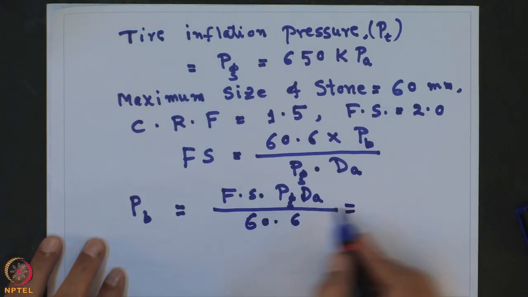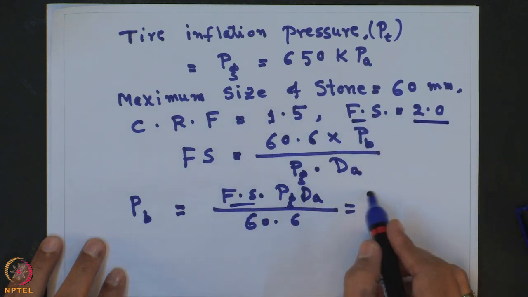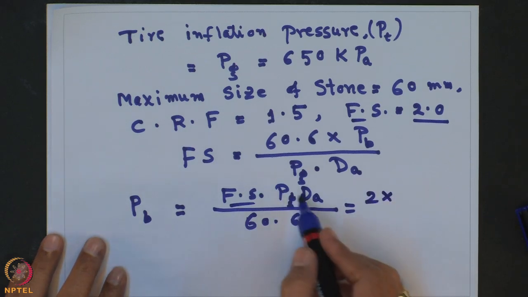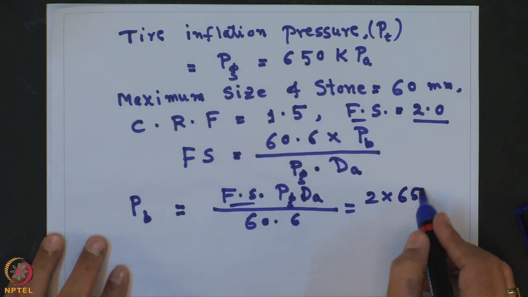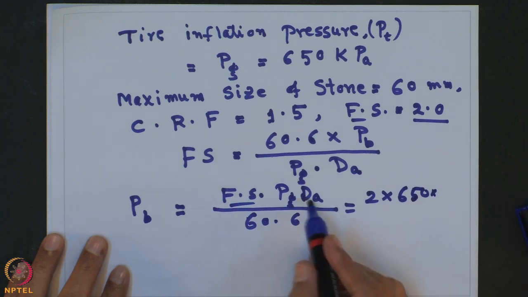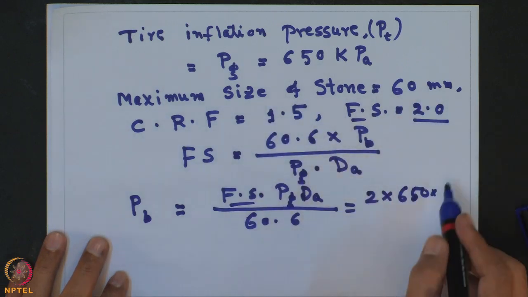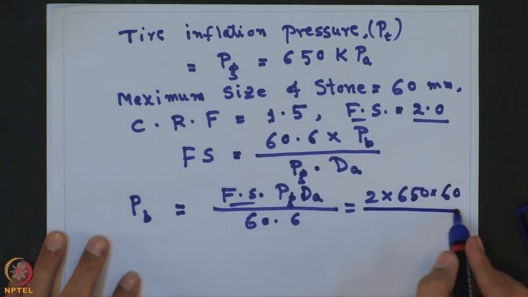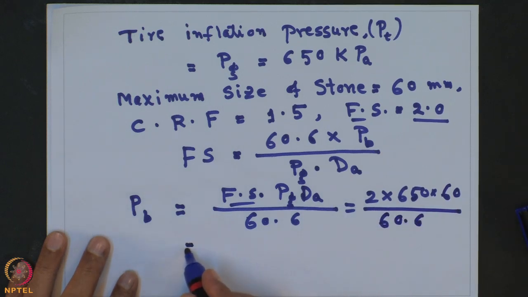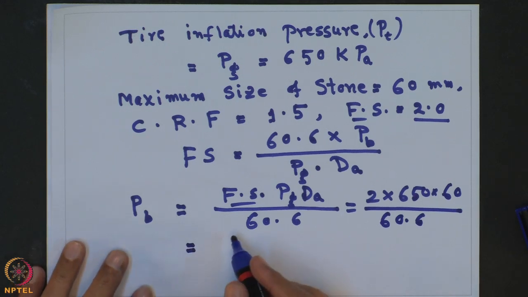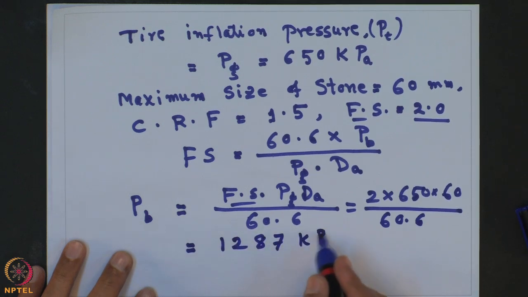So, because factor of safety is 2, this is 2 into P of G, P G is 650 into D of A. D of A is maximum size stone 60 millimeter. So, this is 60, this divided by 60.6. So, this will give you that 1287 kilopascal.